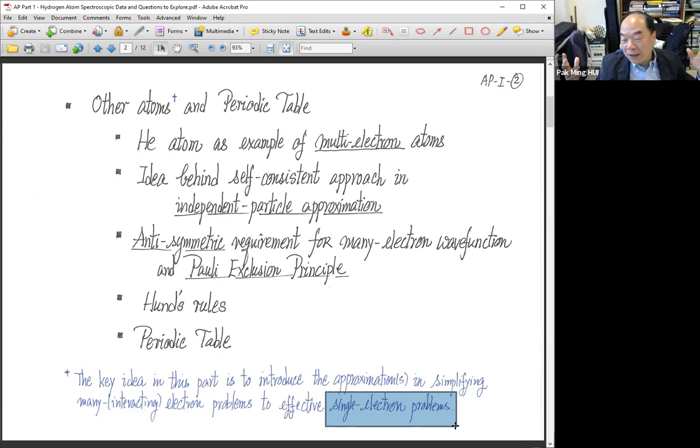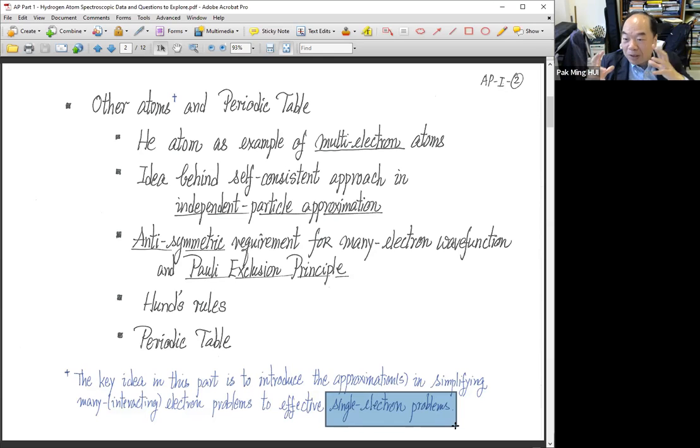even though uranium-92 is very complicated, physicists and chemists are still talking about uranium's 1s, 2s, 2p, 3s, 3p, 3d, 5f, etc. This idea originally came from the hydrogen atom solution.